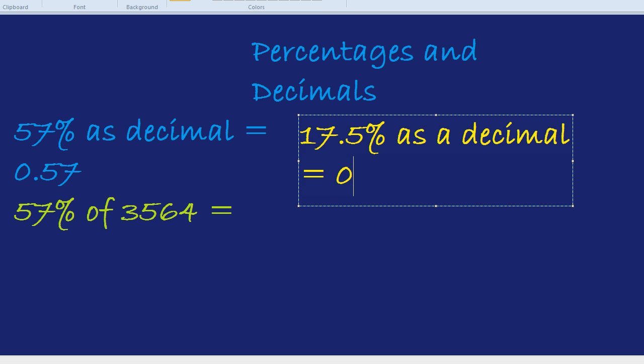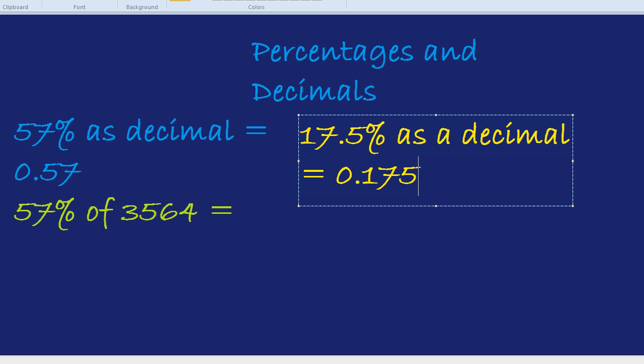So 17% would be 0.17. And so 17.5% is going to be 0.175. And again, if we had a calculator, we would times the number by 0.175 to get 17.5%.